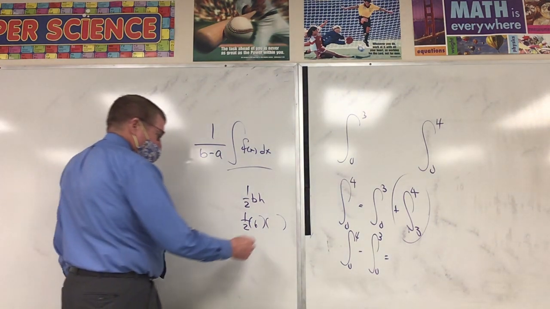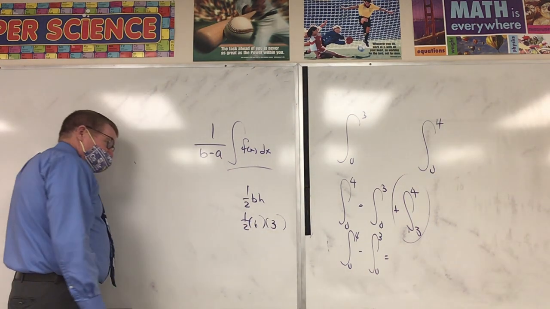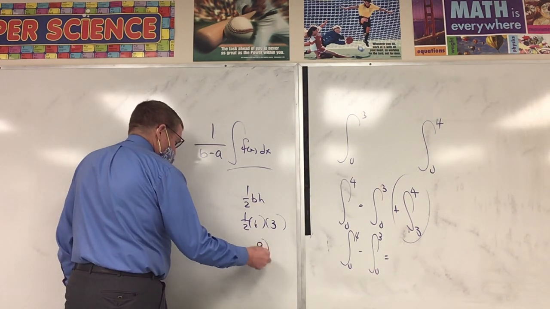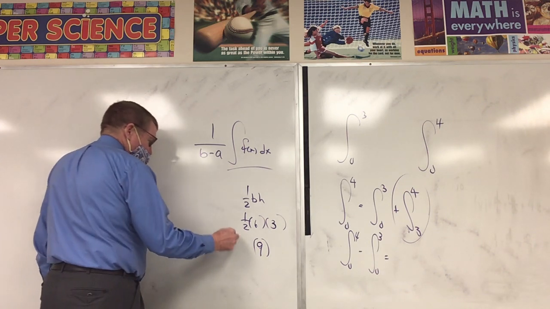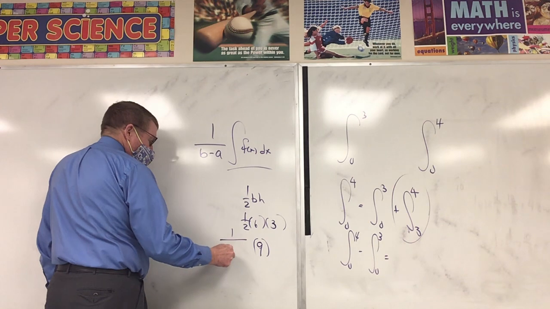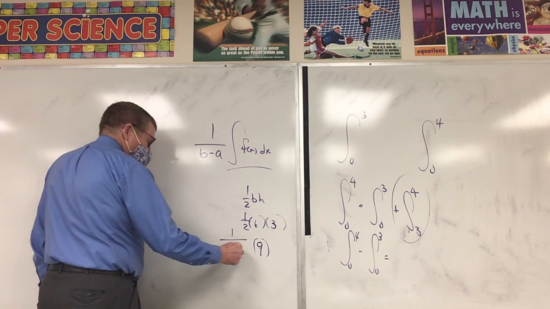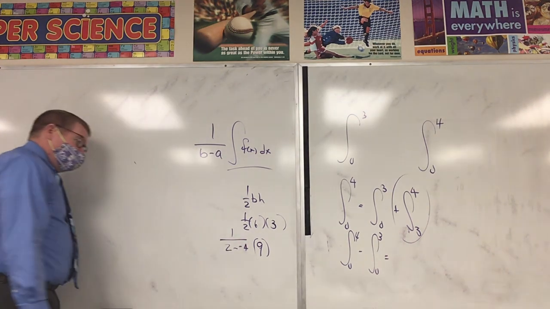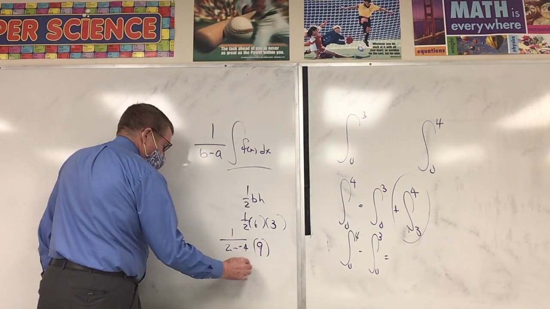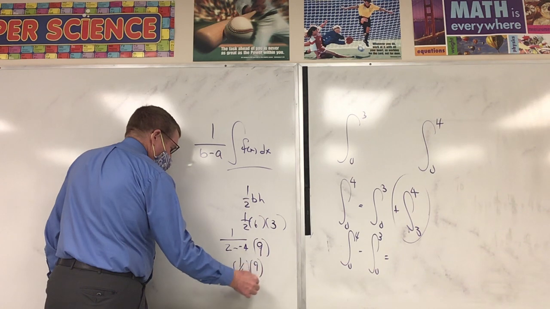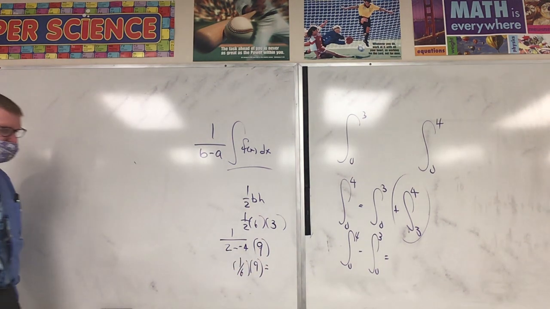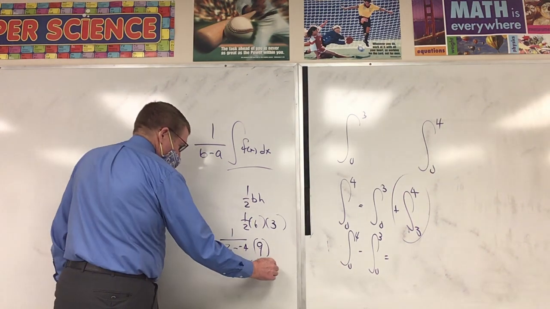Everybody agree? So 6 times 3 times 1/2 is 9. And I multiply that by 1 over b, which is 2, minus a, which is -4. So 1 over 6 times 9, which is 3 over 2.